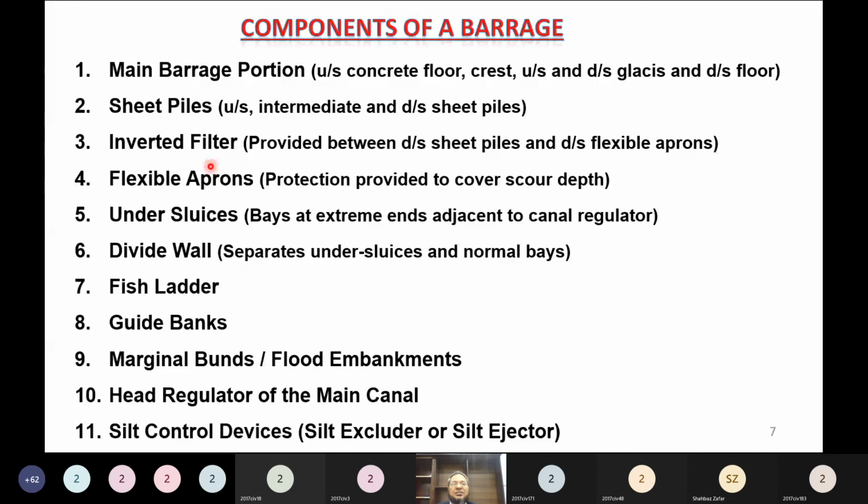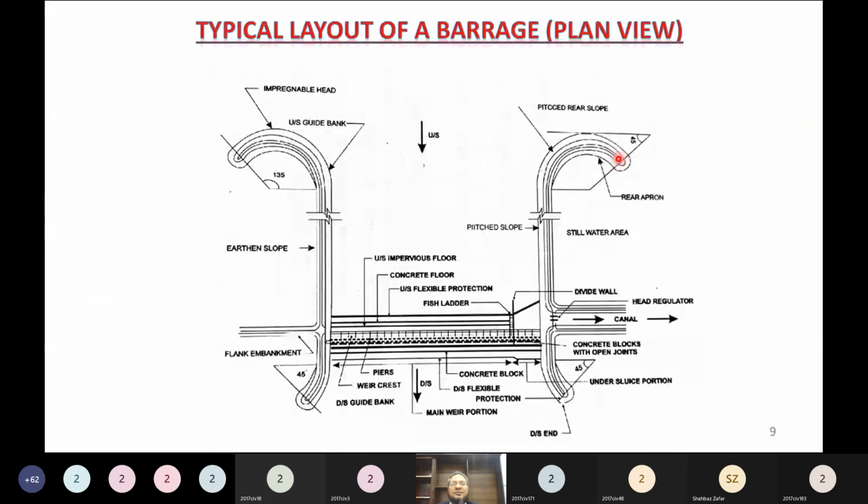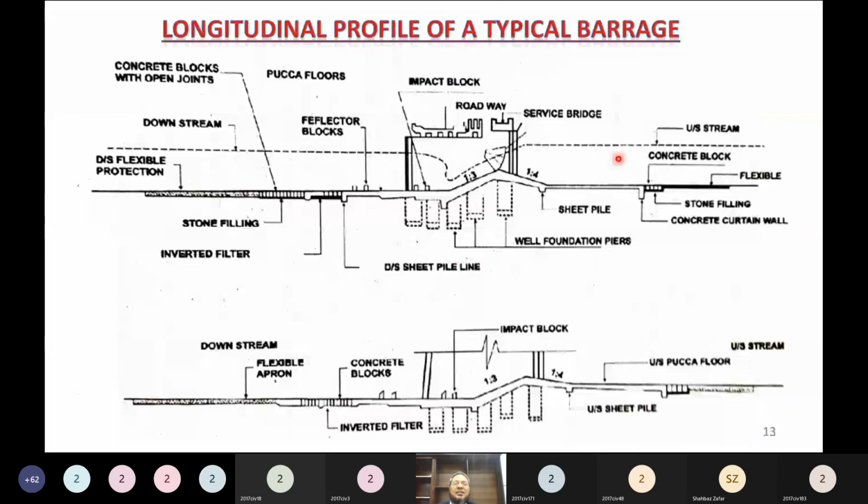Then inverted filter, which is provided between the downstream sheet pile and the downstream flexible apron. Here you can see this is the longitudinal section of the barrage, or main barrage portion. And the inverted filters are here.